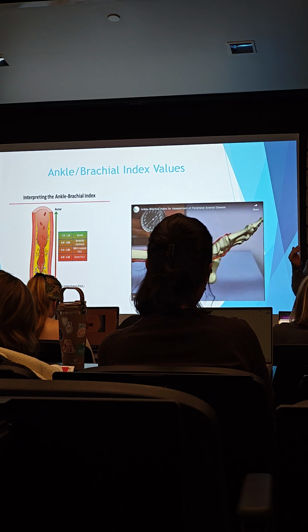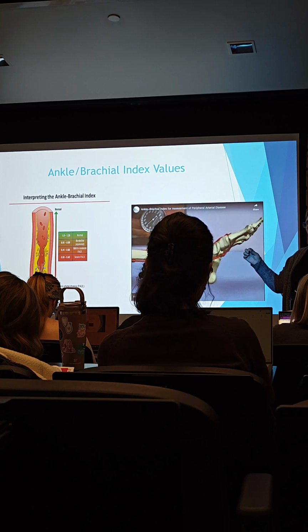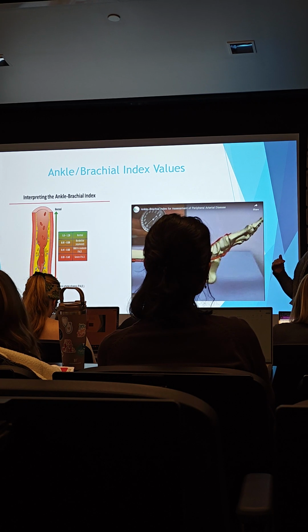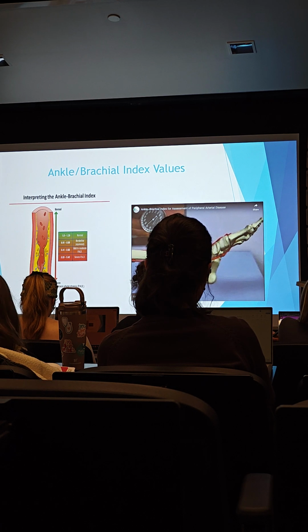You take the higher number, and you put your ankle value on the top and your upper extremity on the bottom. Let's say your ankle value is 110. That goes in the numerator, and let's say your upper extremity is 165.